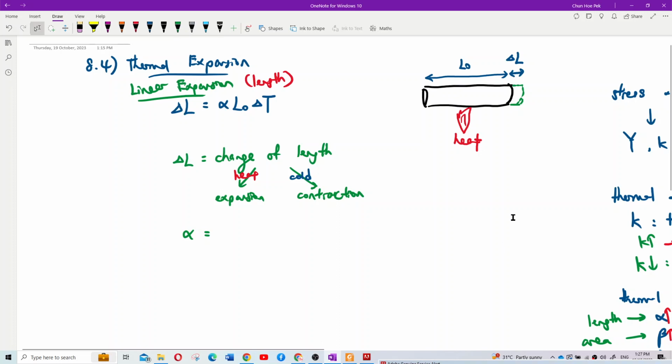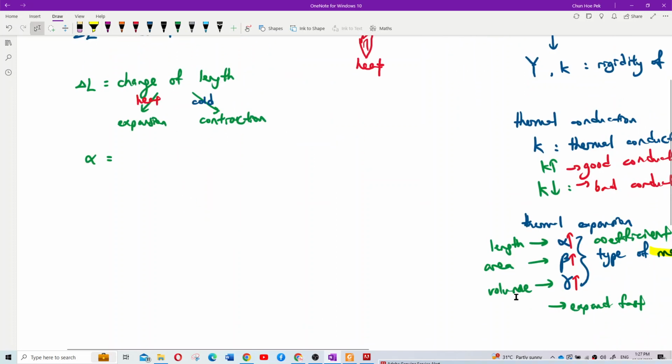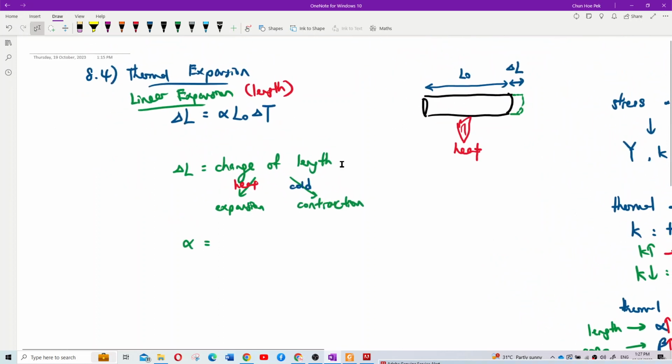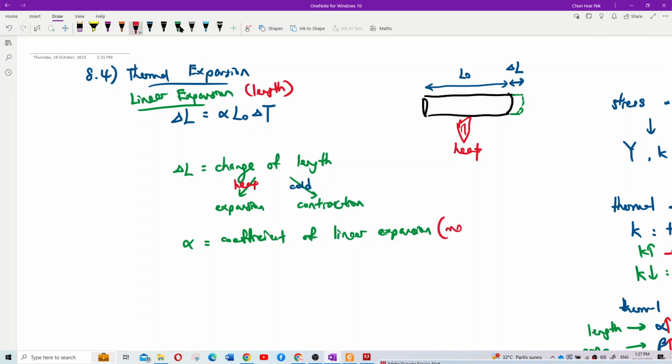Later we have area and volume, but that one later. So alpha is what we call the coefficient of linear expansion, and it depends on the type of material. Understand? Okay.